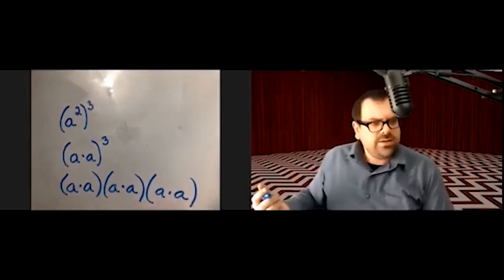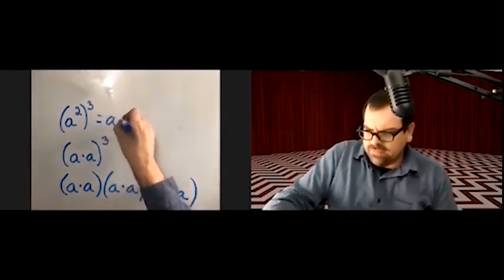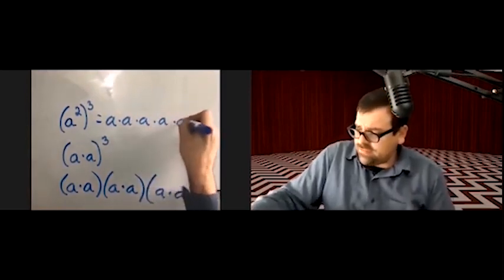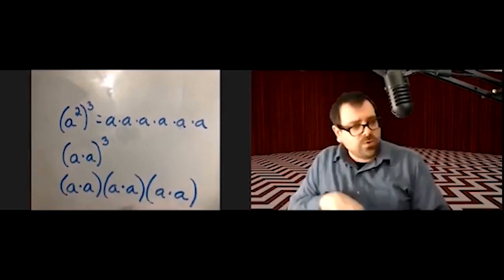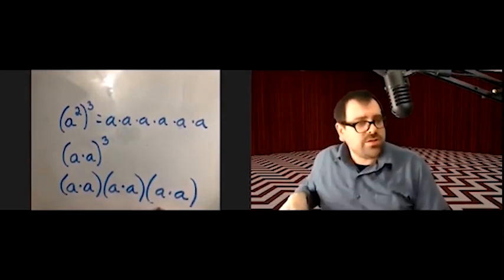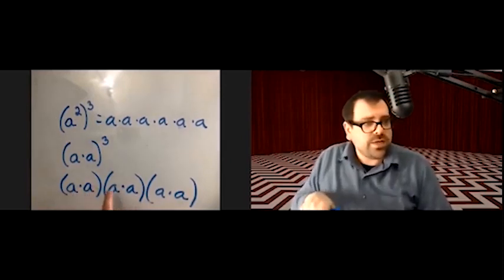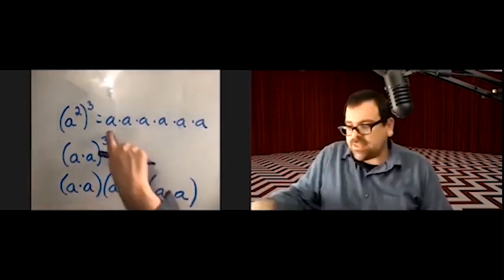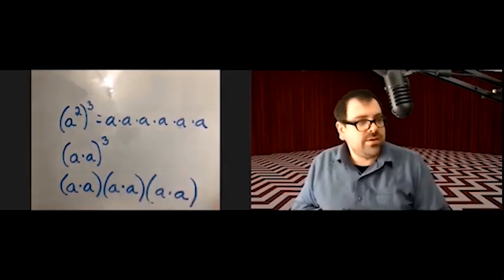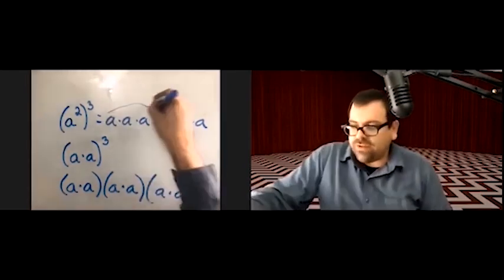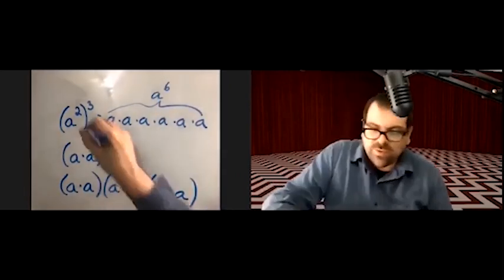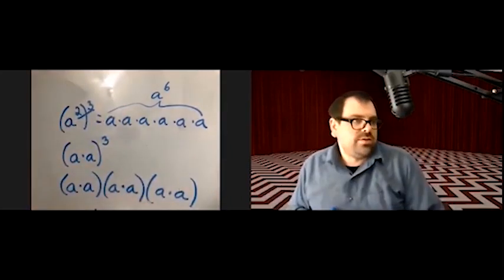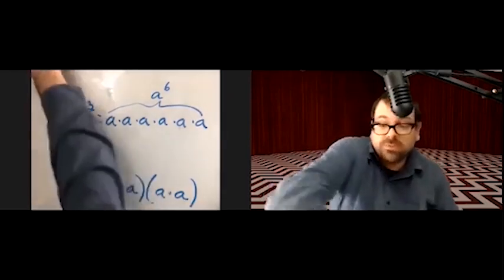Did I really just say a times a times a times a times a times a? I sure did. Doesn't matter what order we multiply if it's all multiplication. So in essence, this is 1, 2, 3, 4, 5, 6 a's all together, which is the definition of a to the 6th, which is what we get when we multiply 2 times 3. And you know how we can multiply in any order, right?